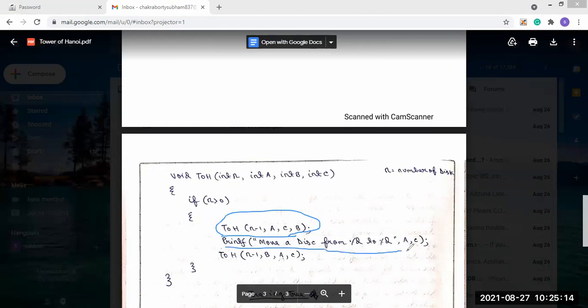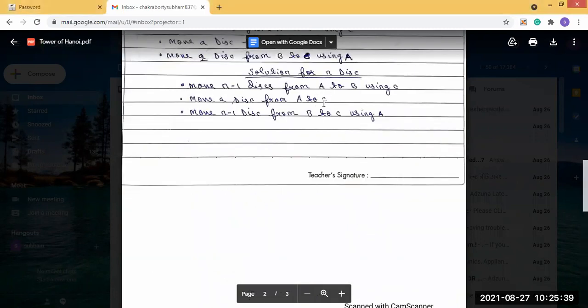The value is printed because we move the disk from A to C. And after that, in the next step, it is again recursively calling, and now we are moving n minus 1 disks from B to C using A. This is written in the same way. We are calling the functions in the same way.